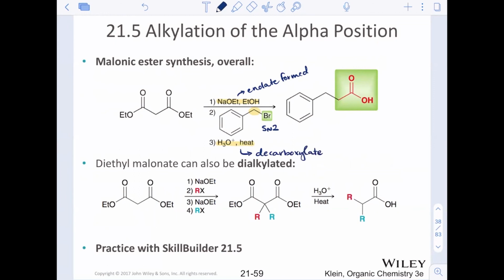You would need to know the first two steps of the malonic ester synthesis, and then the decarboxylation step. I would just want you to be able to erase one carboxylic acid, and that's the end of it. Notice there are two protons on the alpha position, so there is up to 2 different R groups that you could have on this synthesis.